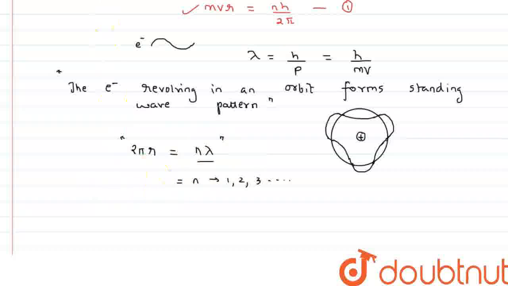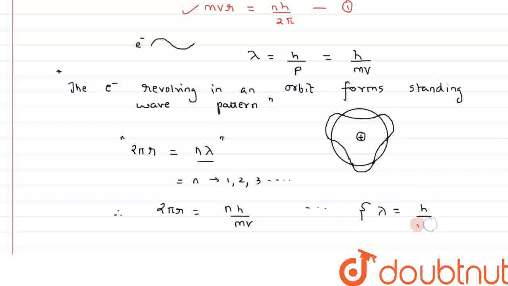Therefore, from the de Broglie hypothesis which we have stated above, we can write 2 pi r equals n lambda, and lambda can be written as h by mv, since by de Broglie lambda is nothing but h by mv.